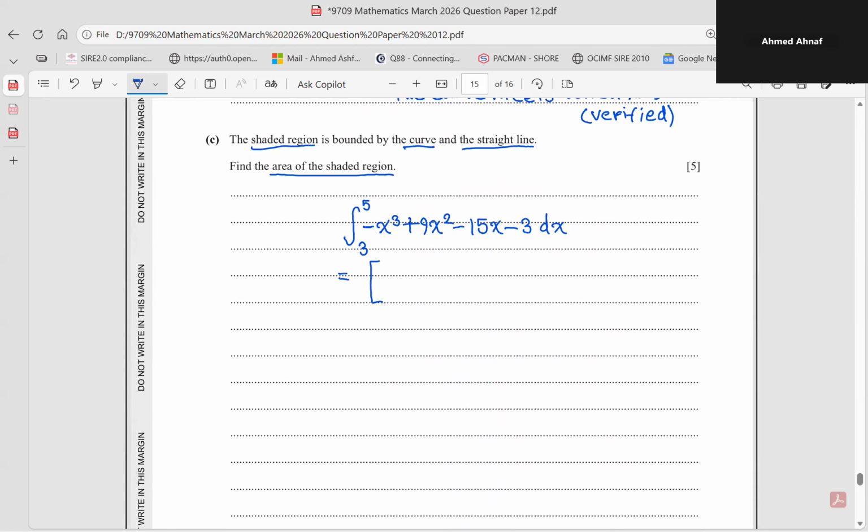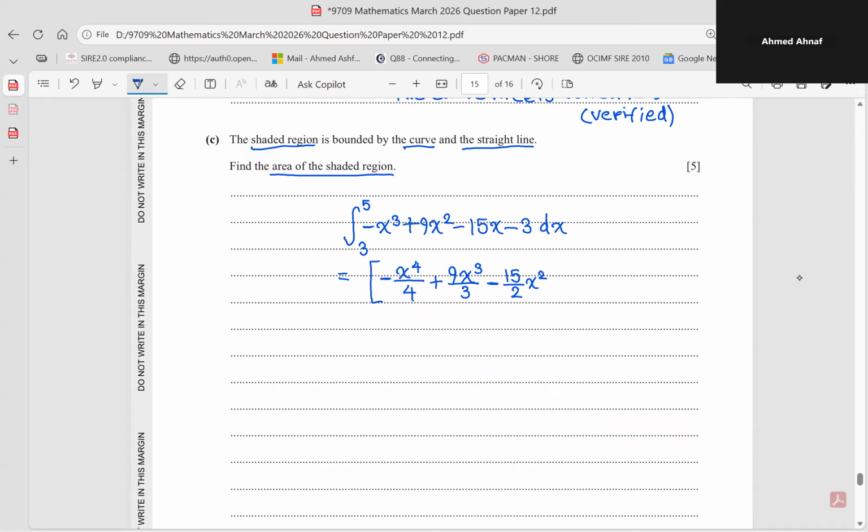So integrating is just the opposite of differentiating. So to integrate minus x cubed, you keep the minus sign, add 1 to the power, so it becomes x to the power 4. And then you divide it by 4, plus keep the 9, integrate x squared, you get x to the power of 3, you add 1, and then you divide by 3, and then you minus 15 over 2 x squared.